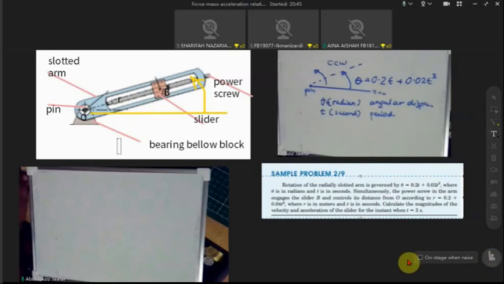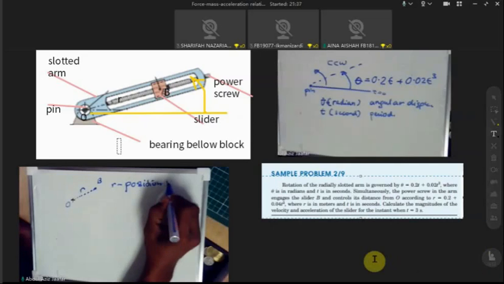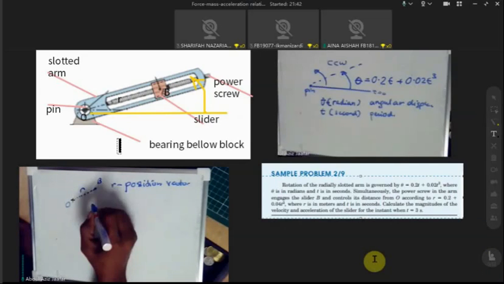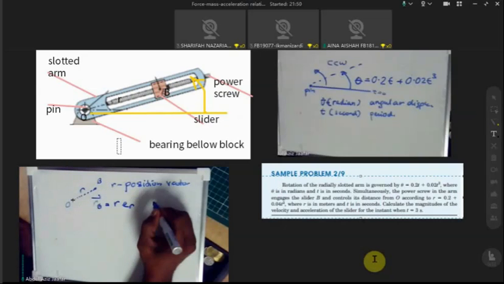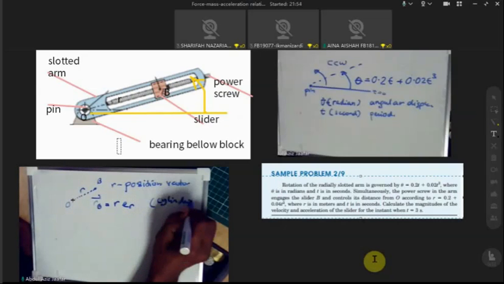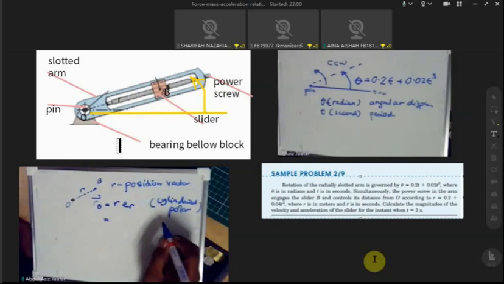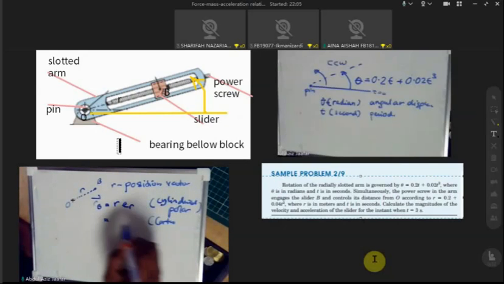This one is B. So we create our own imaginary line there to represent the position vector. So this one will be R_B. So this one is in the polar coordinate system. If you want to write in Cartesian, we have x i plus y j.